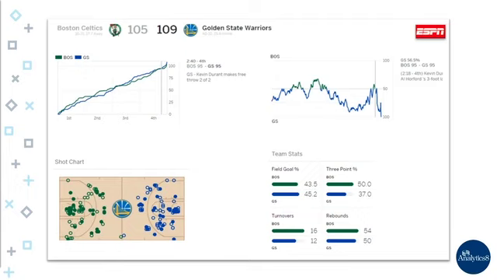Side note, that game flow chart can be very useful in the business world when you're talking about actuals versus budget and how you pace towards those, or if you have some kind of goal, because it shows, just like in basketball, when the game turned or when the situation turned, when you went on a hot streak and when you were unable to score. So it's useful more than just basketball.